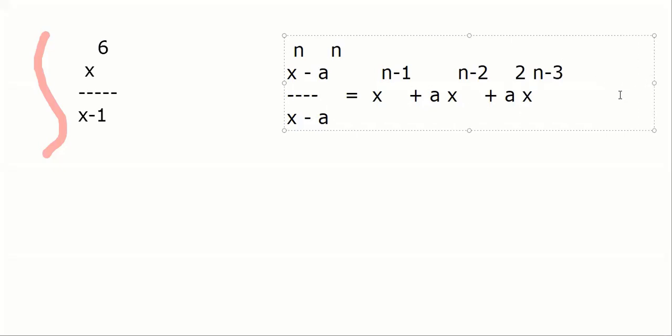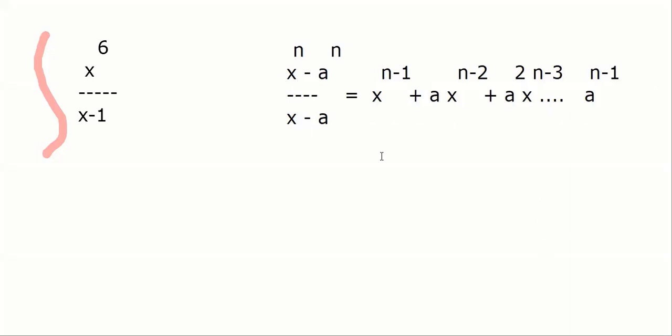I'm not writing it in full. The final term would be what? a to the power n minus 1. Correct. If you use this, it becomes simpler.